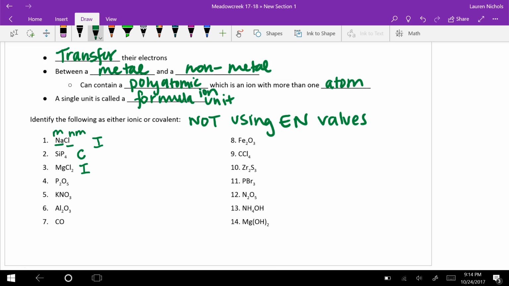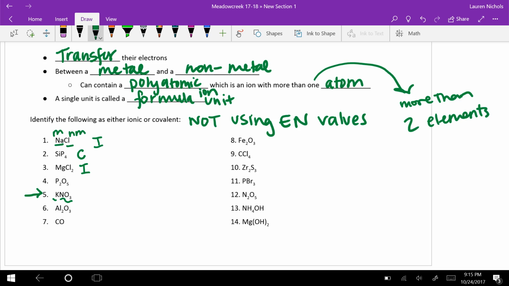And for an example of polyatomic ions, a real quick way to know is if you have more than two elements in the compound, it's most likely going to have a polyatomic ion. So for example, if we look at problem number 5, we see we have K and we have NO3.